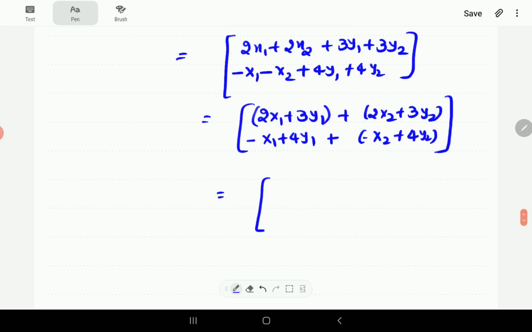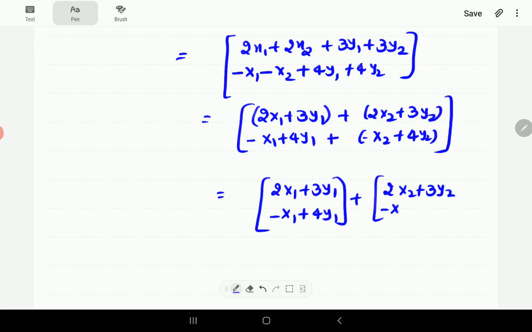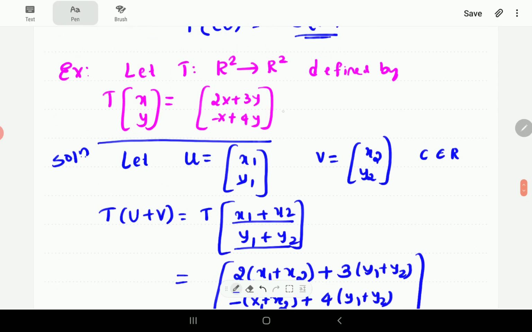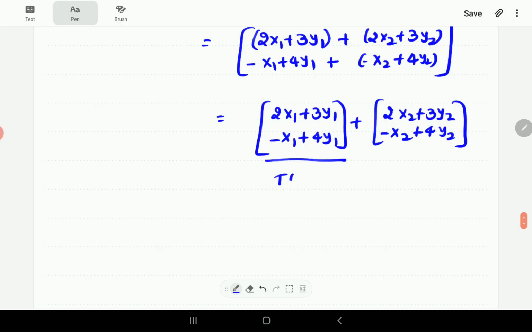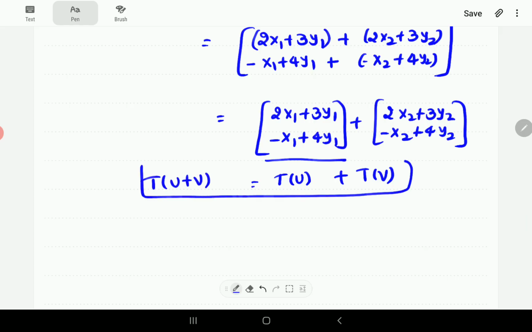This is equal to (2x1 plus 3y1, minus x1 plus 4y1) plus (2x2 plus 3y2, minus x2 plus 4y2). Now if you see this, it follows the pattern given by T of (x, y). So this is nothing but my T of u, and this is our T of v. We started with T of u plus v, so we got the first property.